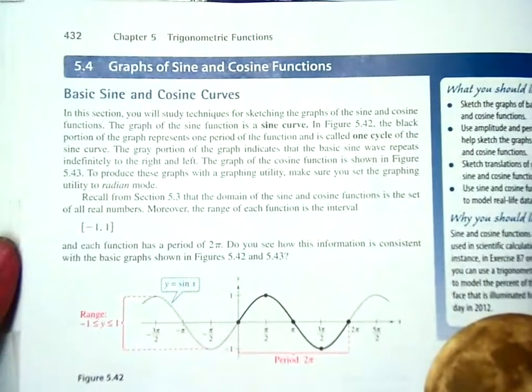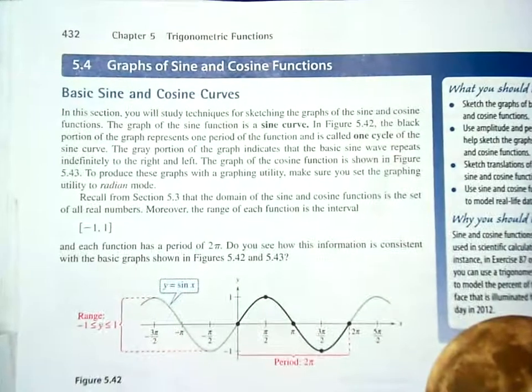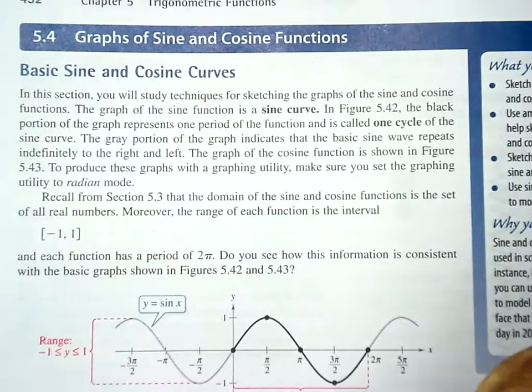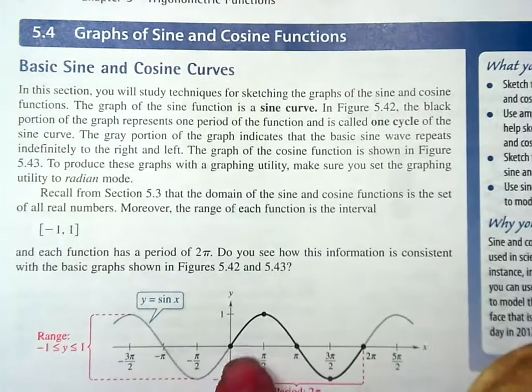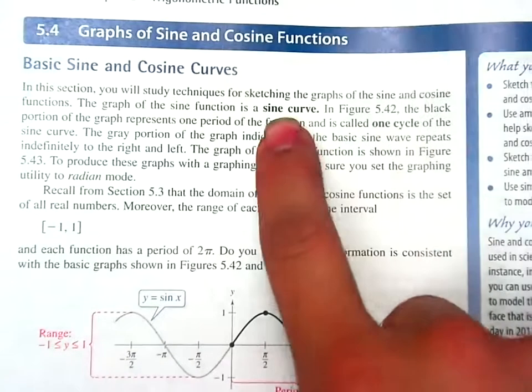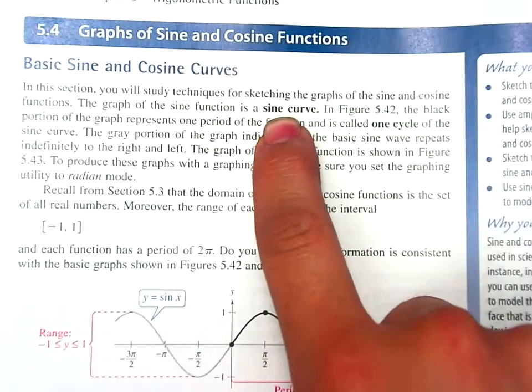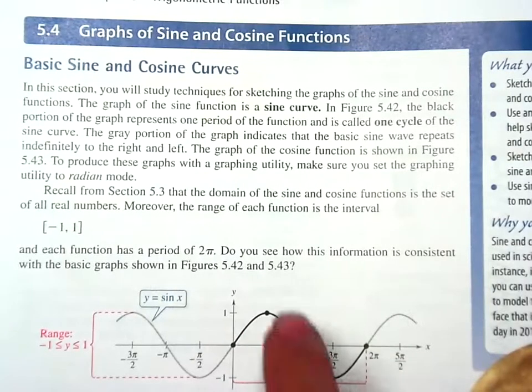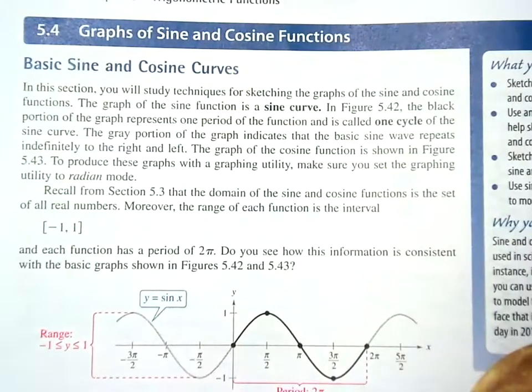First thing I want to actually look at before we even copy anything down, so again, don't copy this down, are some basic definitions. This is in the book for those of you who have it. What I want to look at here is the word sine curve, and this defines this portion, because what we're looking at is a graph to represent the sine and cosine functions.